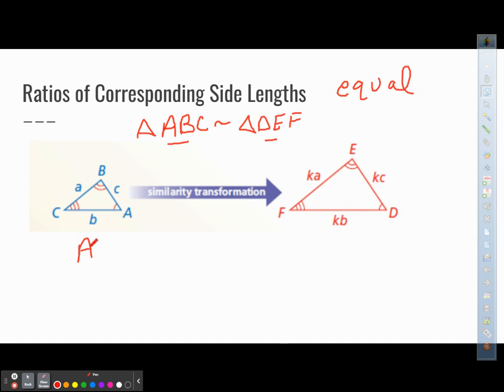So if I were to take the length of AB and put it over the length of DE, comparing this length AB to this length DE, it would be equal to if I were to compare BC to EF, BC over EF. That would also be equal to the ratio of AC over DF.